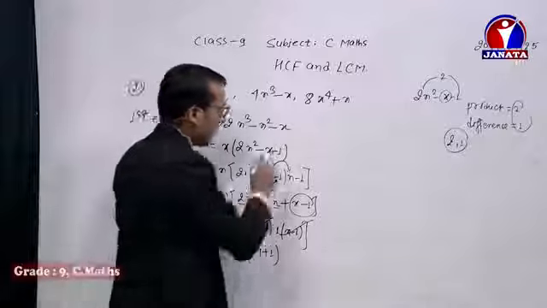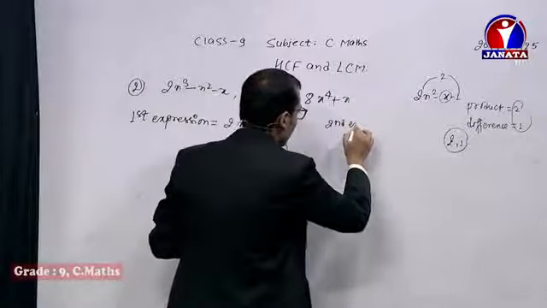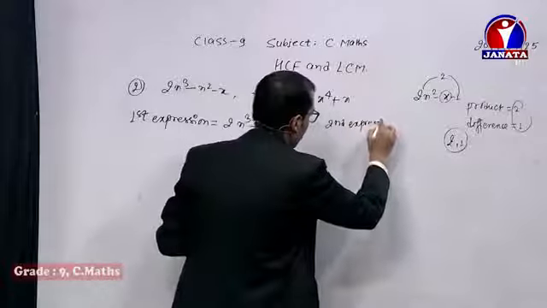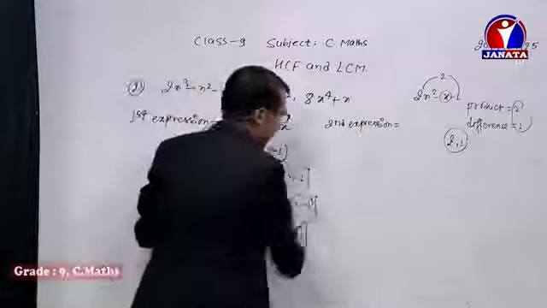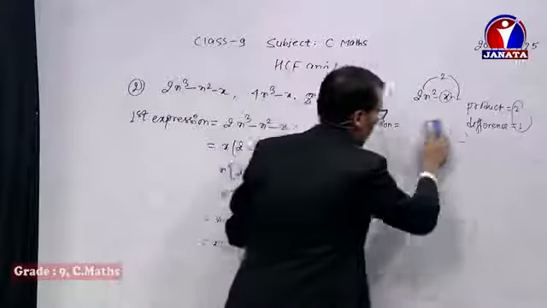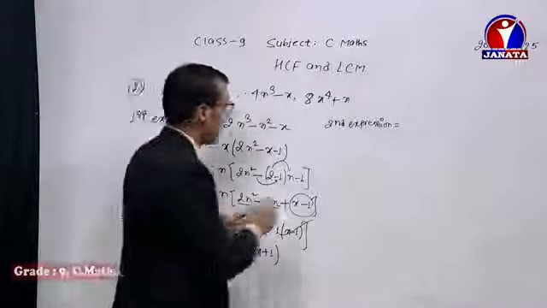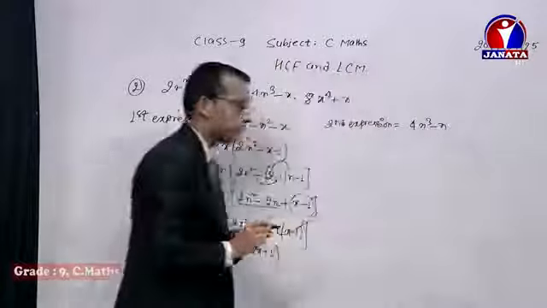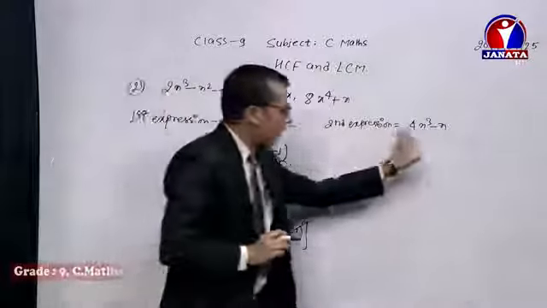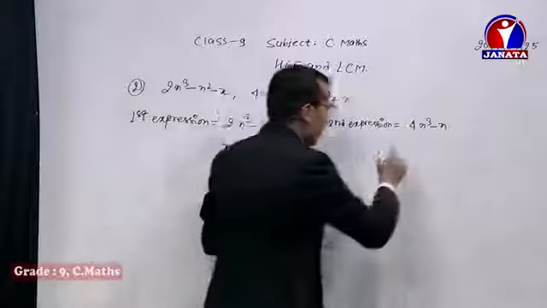Now let's factorize the second expression. The second expression is 4x cube minus x. What is common from the first and second term?